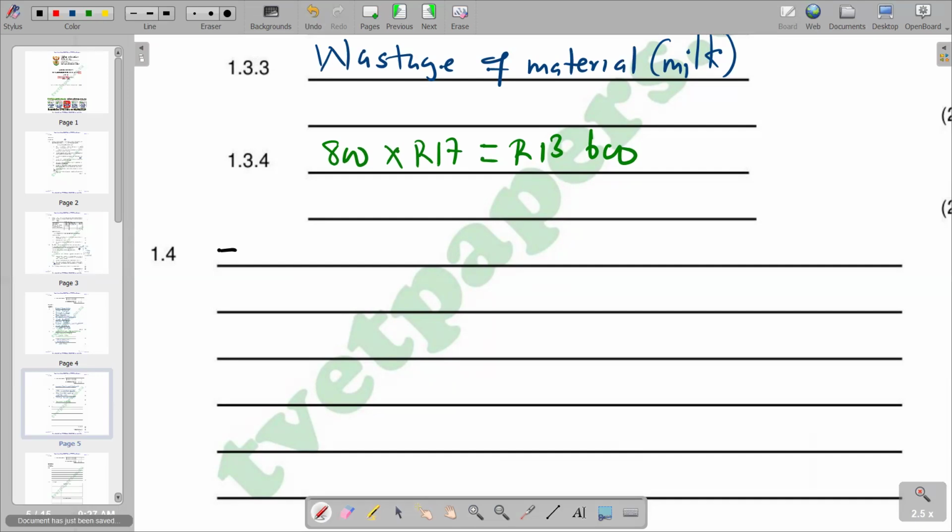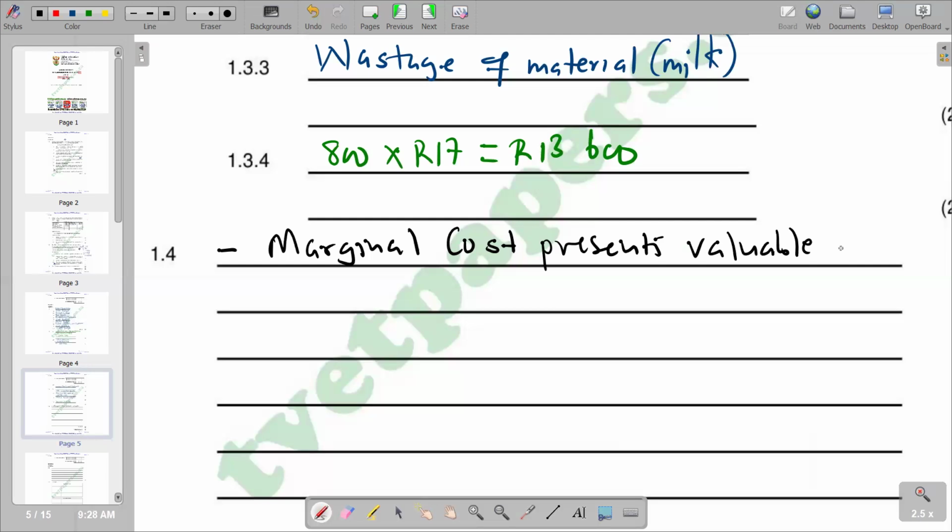Remember, we can take into account realistically what is going to be on the ground as we take costs that are going to vary with the level of production. So marginal costs present valuable information for budgeting.